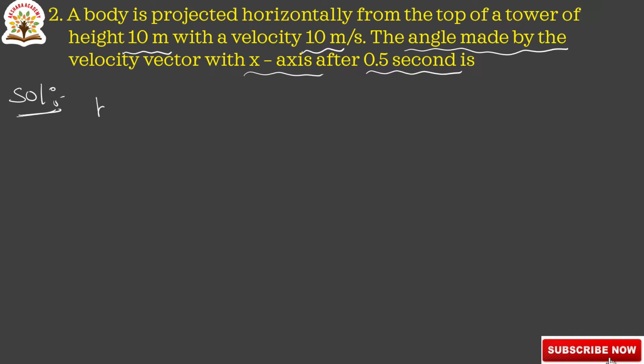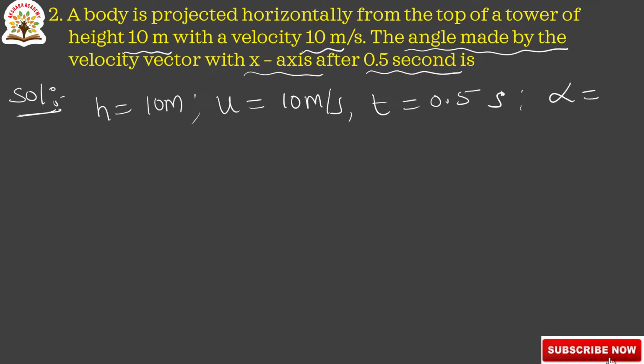The given h is equal to 10 meters, u is equal to 10 meters per second, and t is equal to 0.5 seconds. You have to calculate alpha, the angle made by the velocity vector with the x-axis. So tan alpha is equal to Vy by Vx. Vy is equal to gt, Vx is equal to u.